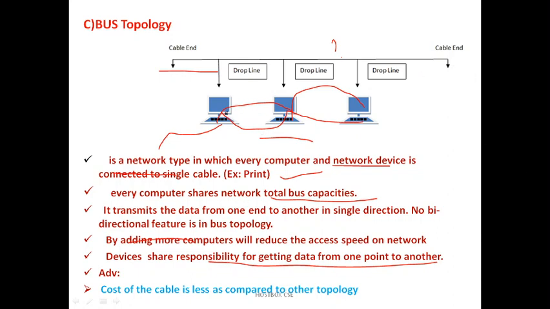Let's assume this is system A, this is system B, this is system C, and there is a printer. What happens in the bus topology? Suppose system B wants to print a document, we can print only one at a time. If A wants to print at the same time, it creates a collision and is not possible. So first, if B communicates with the printer, it can take the print, start printing and complete the work.